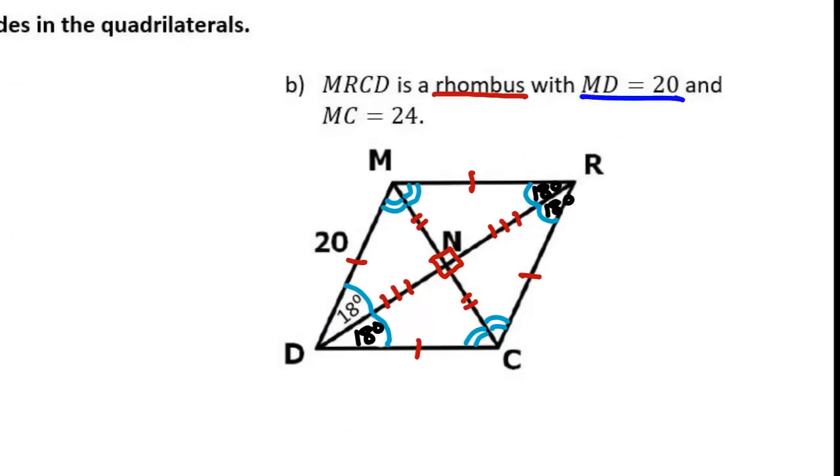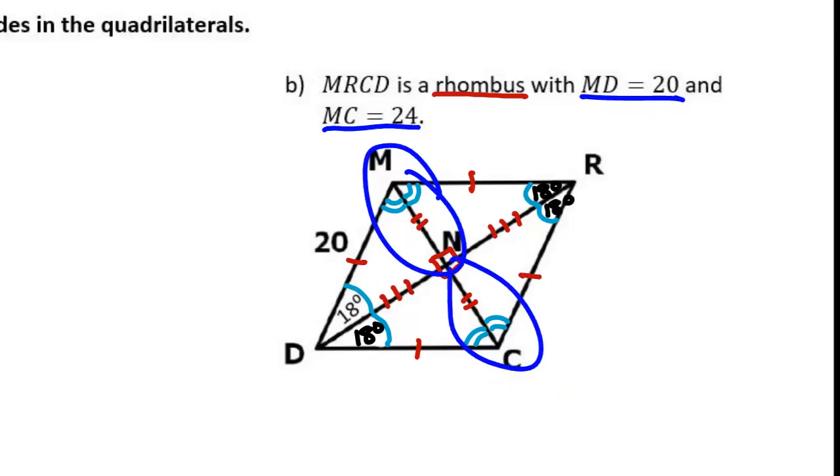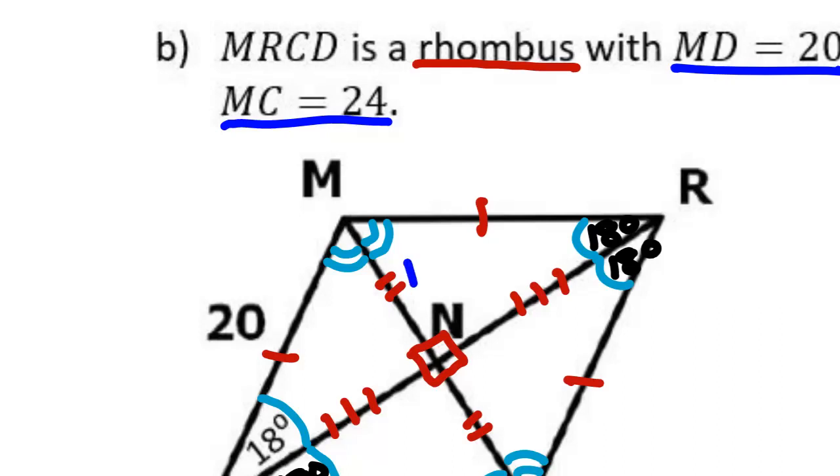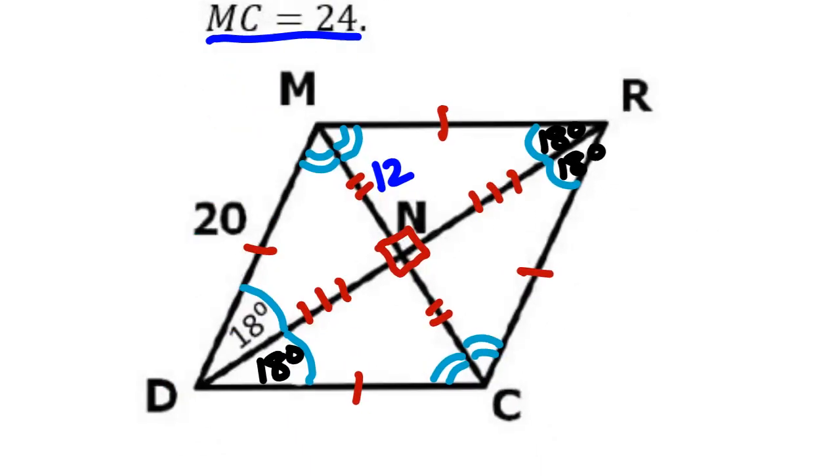It tells me that MD is 20, they have that marked for me already, and that MC is 24. Well, MC is this entire diagonal. And what's happening to that diagonal? Right in the center, what's happening to it? It's cut in half. So if the whole thing is 24, how big is each half? 12. So MN is 12, and CN is also 12.